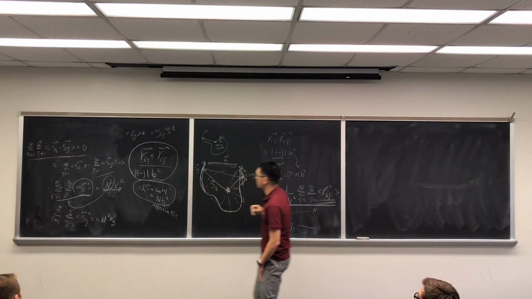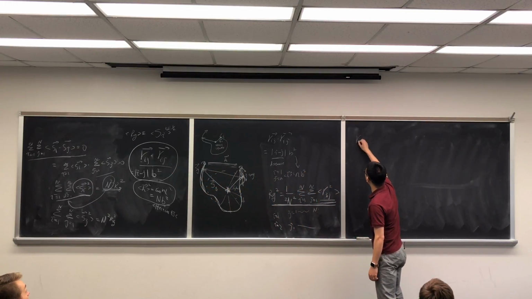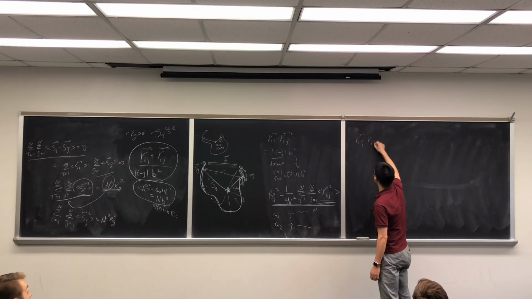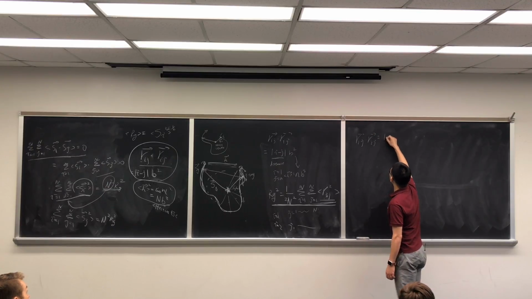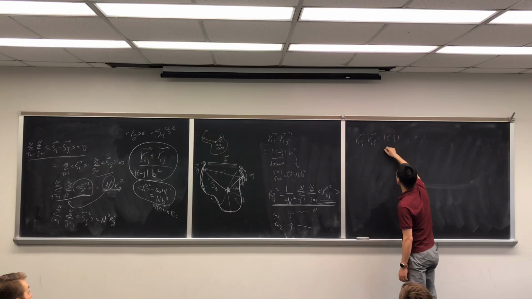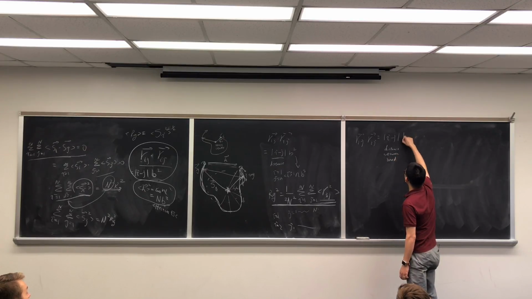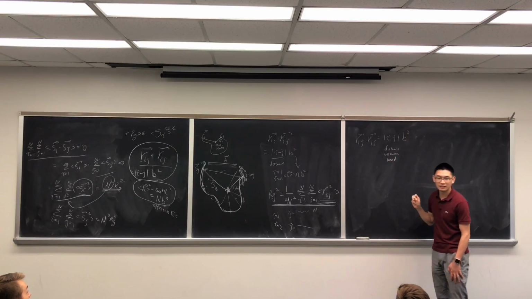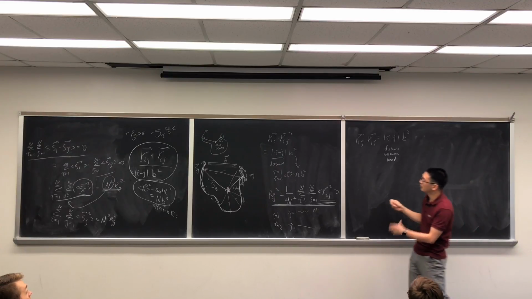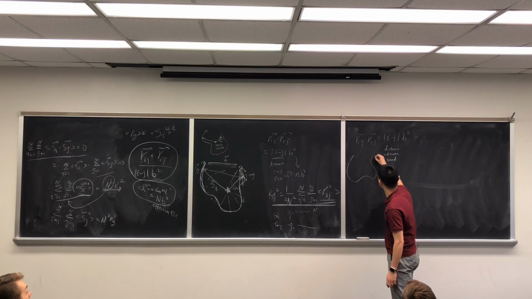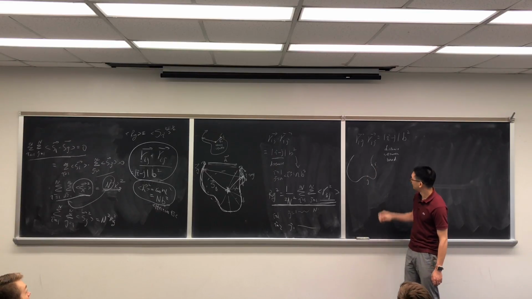We know this equation. We know Rij, any possible vector on your chain, equals this, which is basically the distance between bond i and bond j, with b squared.